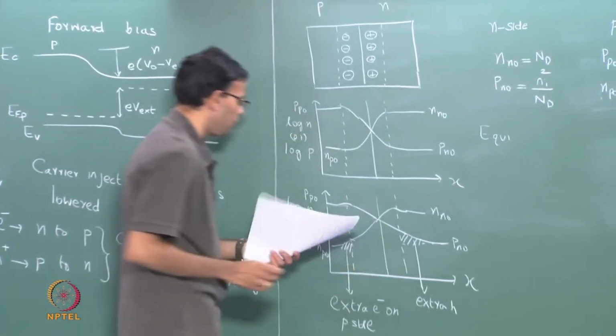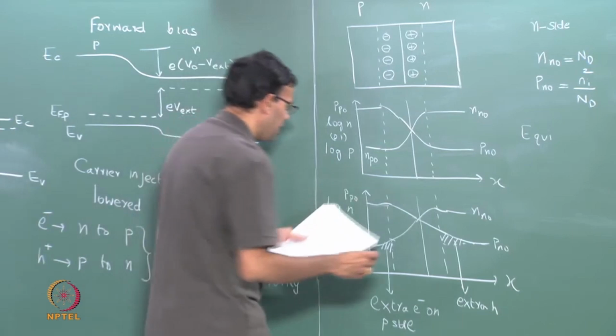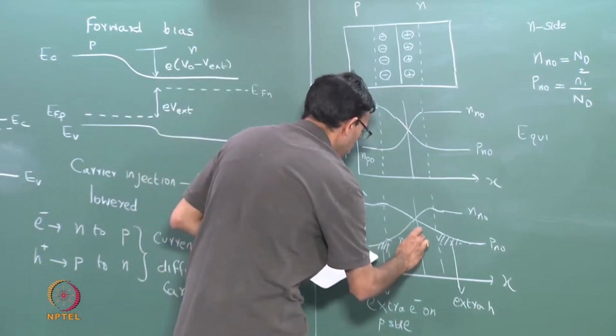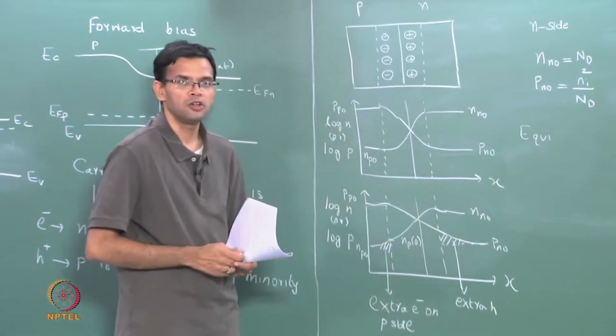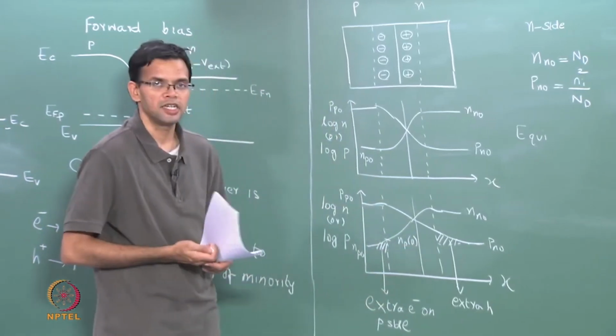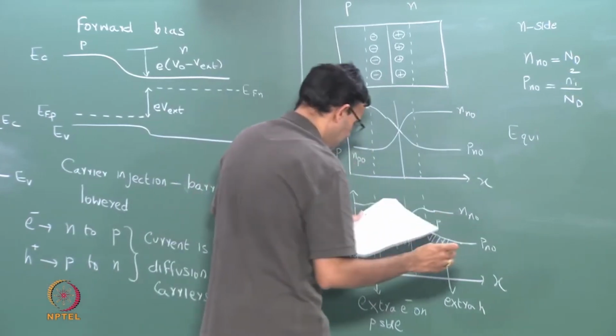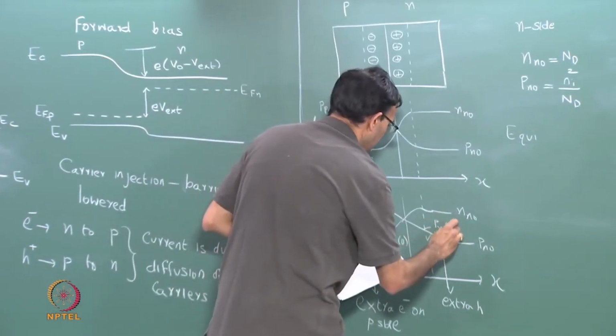If I call the concentration of electrons at the junction n p of 0, then n p of 0 is the extra electrons that are injected onto the p side. Similarly, you have p n of 0.